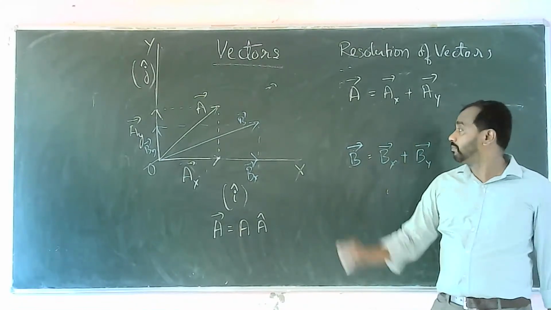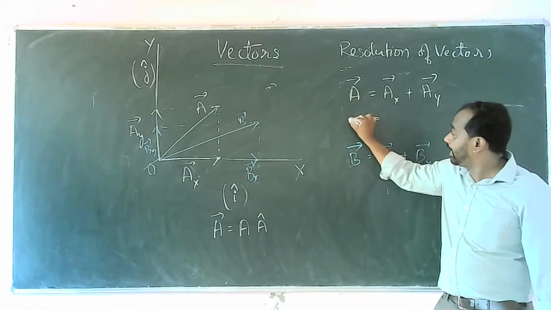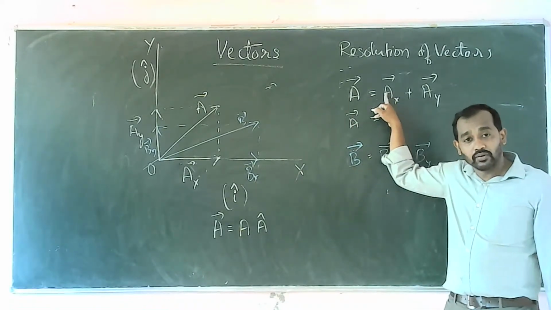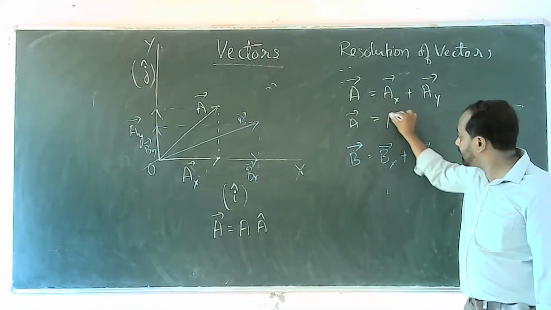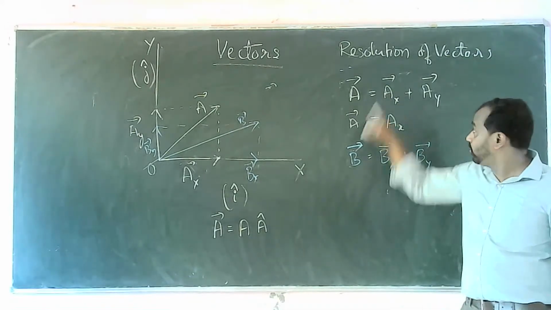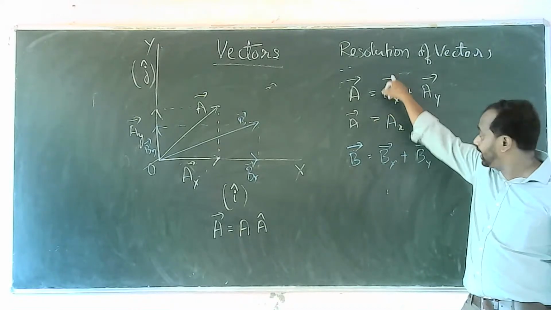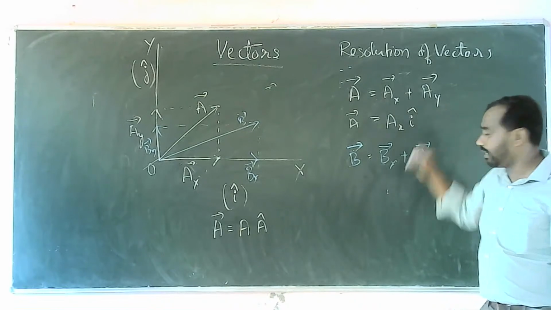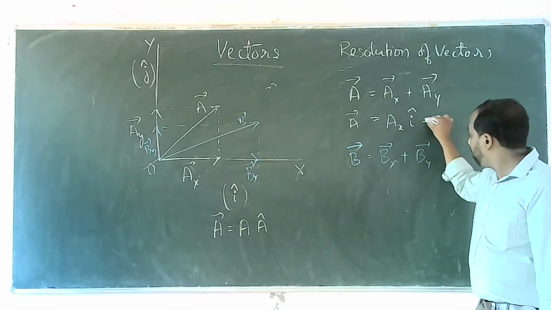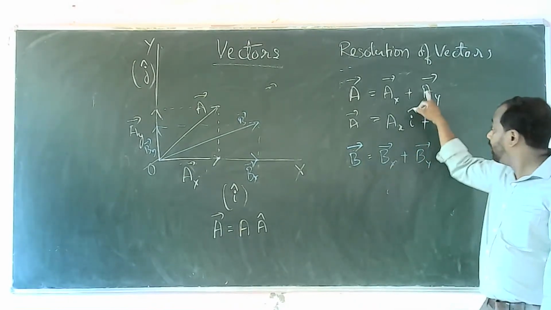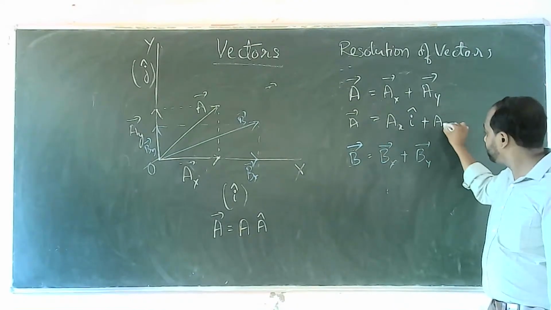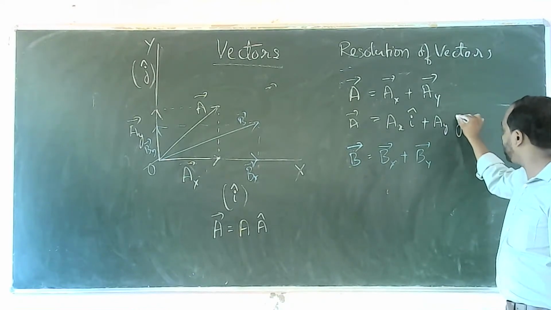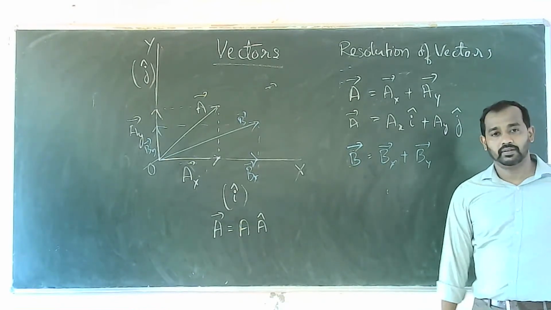So how do we write this here? Now vector A can be represented as the magnitude of Ax, which is represented as Ax, into the unit vector representing the direction of vector Ax, which is i cap, plus the magnitude of Ay into the unit vector representing the direction of Ay, j cap.